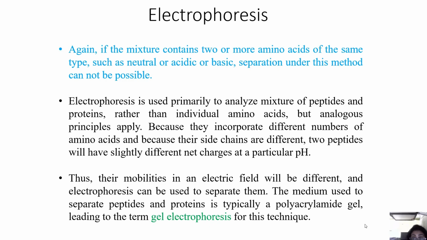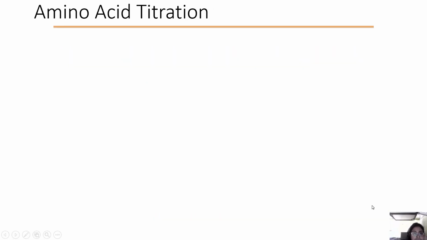Because they incorporate different numbers of amino acids and because the side chains are different, two peptides will have slightly different net charges at a particular pH. Thus, their mobilities in an electric field will be different and electrophoresis can be used to separate them. The medium used to separate peptides and proteins is typically a polyacrylamide gel, leading to the term gel electrophoresis for this technique.